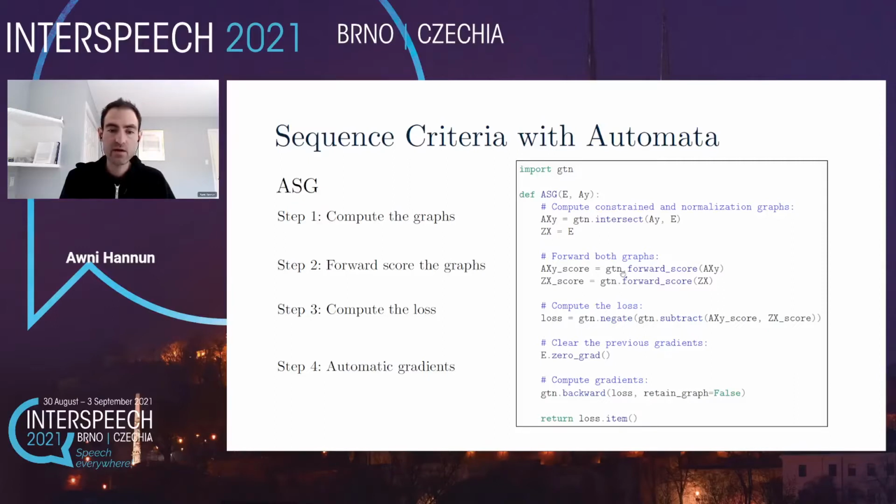Then you get the equivalent, and you can basically ignore the normalization term. So there's an equivalent way to compute ASG where, instead of separating out the normalization term into a different graph, you normalize the local scores of the emissions graph at each time step, and then just use the forward score of the constraint graph. These are mathematically equivalent, the exact same thing in this case.